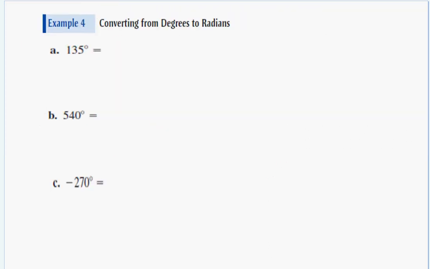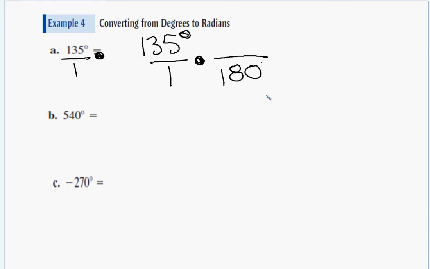Example number 4. So here we go. 135 degrees, they want us to convert into radians. So what I like to do, I'm going to put that 135 degrees over 1, and we are going to multiply. Since they gave us degrees, we want the 180 degrees in the denominator, and then the pi up top.